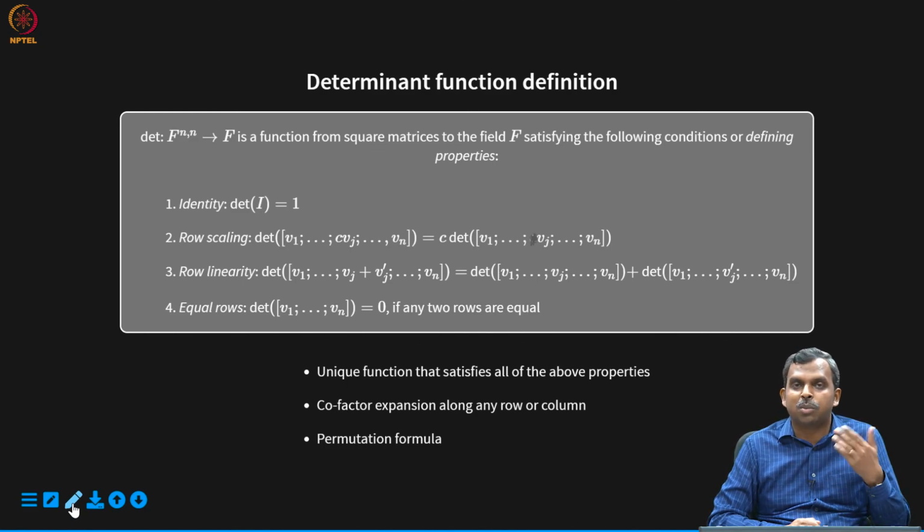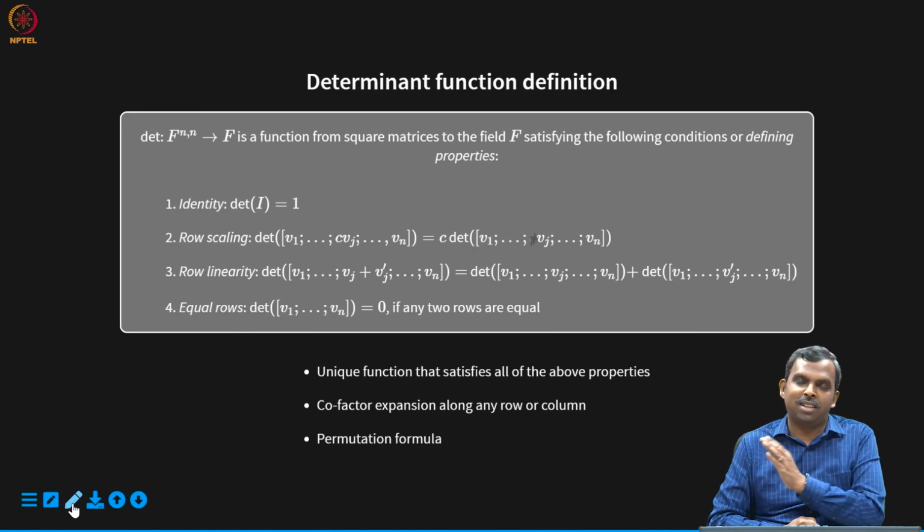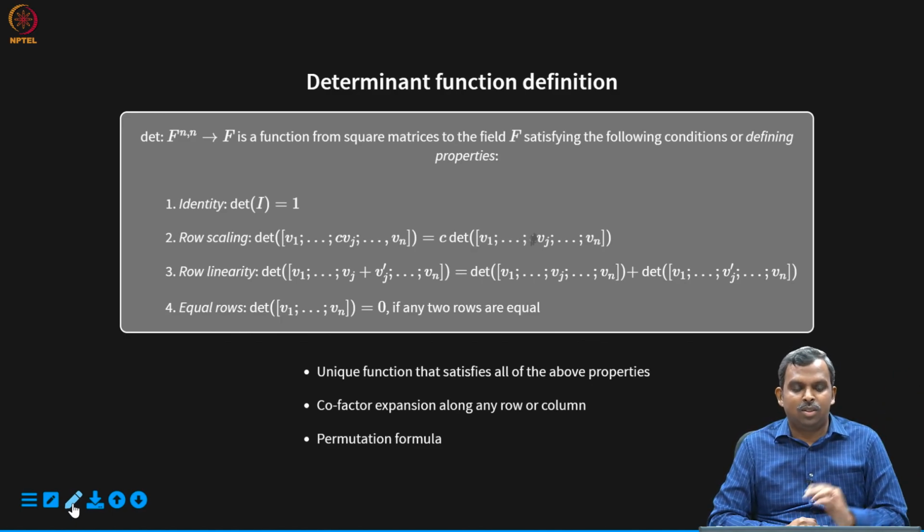You cannot come up with more than one function which can satisfy all these 4 properties, and that is the function that you've been studying all along as cofactor expansion along any row or column. So the familiar cofactor expansion formula for determinant satisfies all these 4 properties, and you can also show it is a unique function. There is no other function which can satisfy these 4 properties. So once you have these 4 properties, all the other properties come quite easily. This is important.